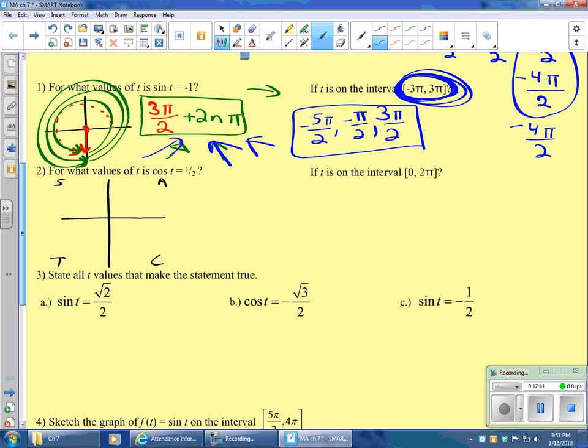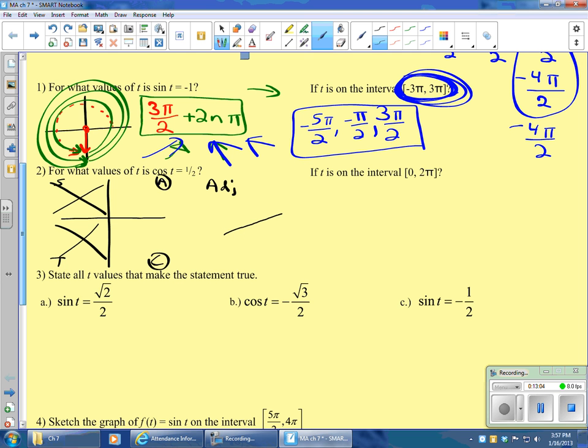Well, that only happens in the first and the fourth quadrant. So I can cross out quadrants 2 and 3. I won't have angles there. Now I've got to think backwards and go, all right, what angle has the cosine, meaning the adjacent side, equal to 1/2?